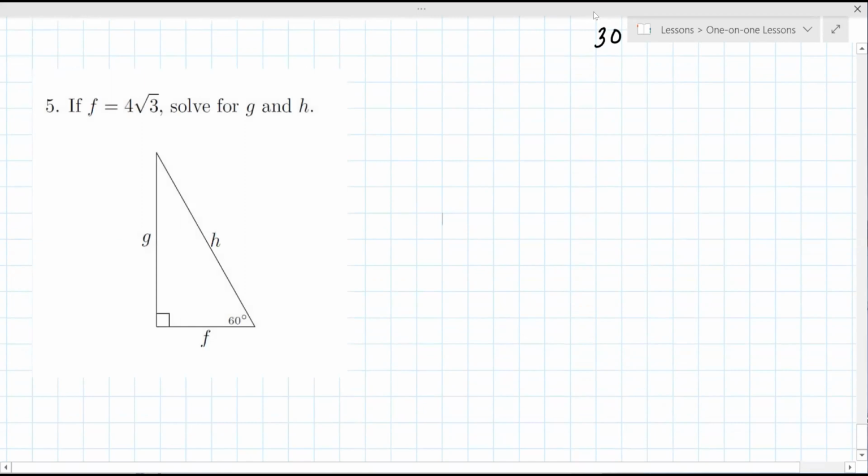All right, so f is 4 square root 3. Is f the short leg? Yes, it is. So I want you to find g and h, please.